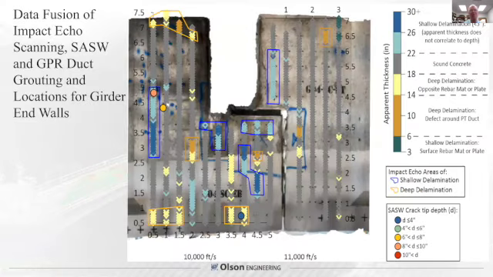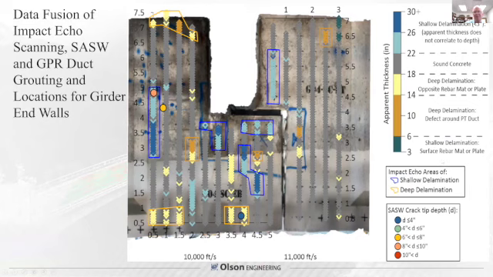The final one shows it all, where you've got data fusion and the impact echo scanning, the surface waves, and GPR duct grouting, GPR locations of the ducts, in terms of grouting and locations for the girder end walls. So again, the scales are explained there. You're seeing surface conditions as well as the underlying non-destructive evaluation results, and of course, the locations of the ducts.